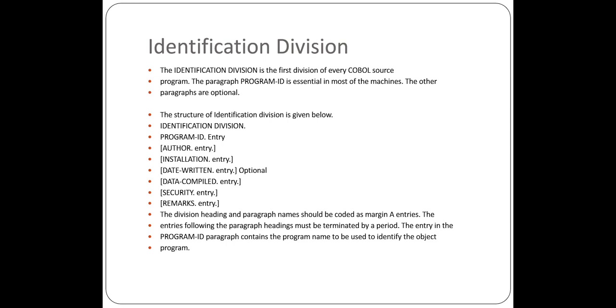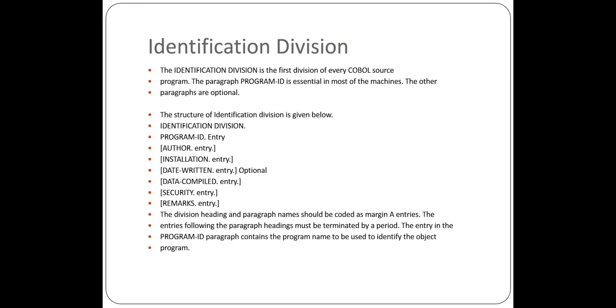Next to each and every paragraph name, you have to include the period, the dot, and then a space next to the dot, and then whatever corresponding information is related to the paragraph must be mentioned, and once again you have to include the dot. These are some of the procedures that you have to follow while coding the COBOL program.